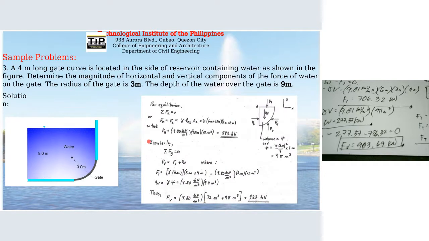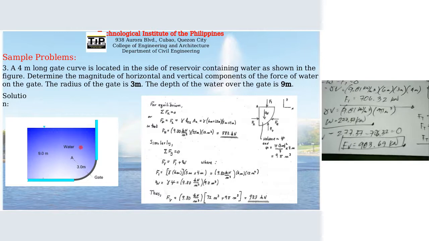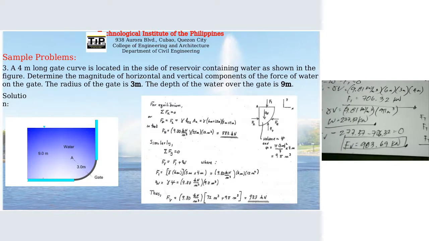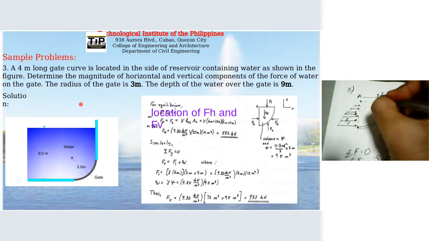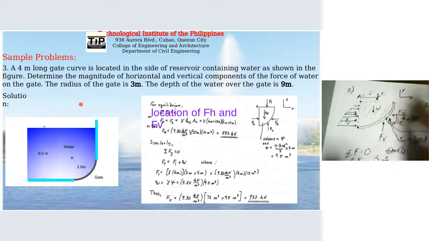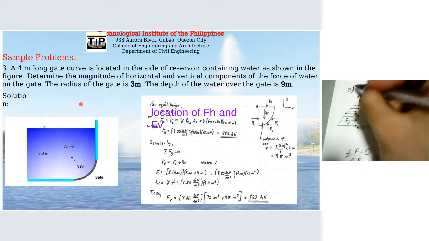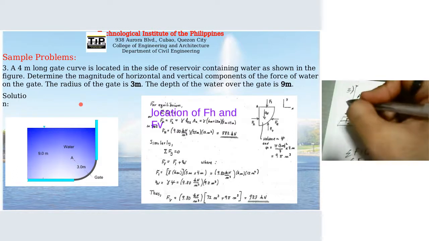Now, what if the question asks for the location of F sub H, location of F sub H and F sub B? Okay, so paano natin isosolve ito? Tsaka ito.